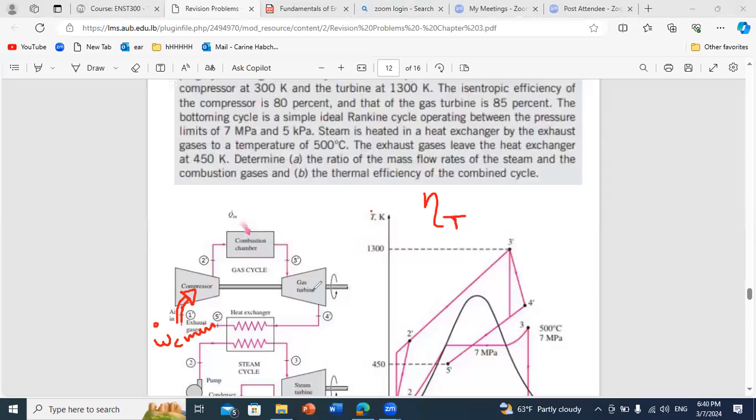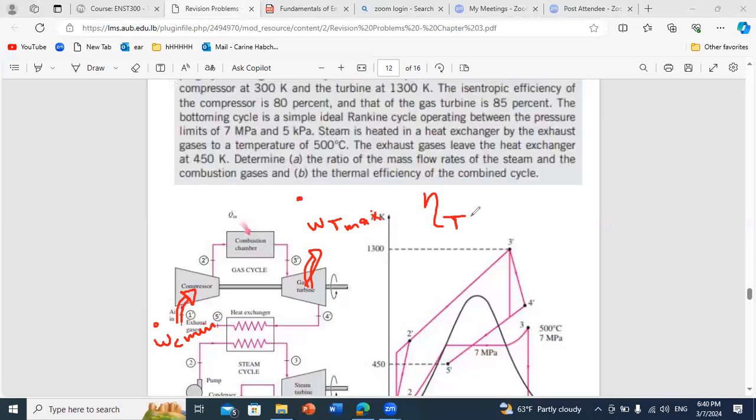While in the gas turbine, it's completely the opposite. Because if you have an ideal scenario, you will produce maximum energy. So you have W dot turbine maximum. That's why for the isentropic case, you have maximum work, while for the real case, the work produced by the turbine is lower.